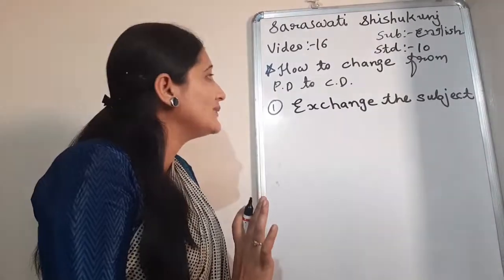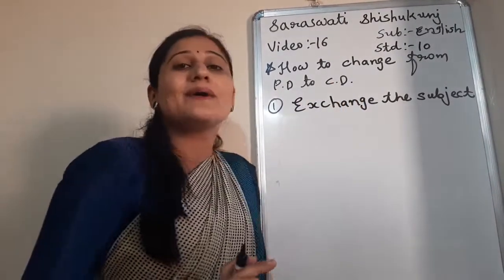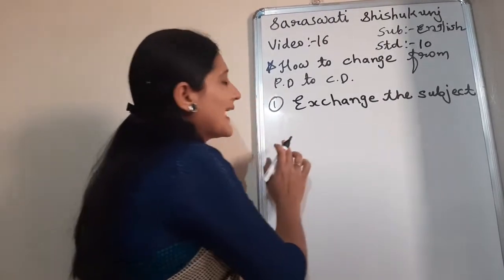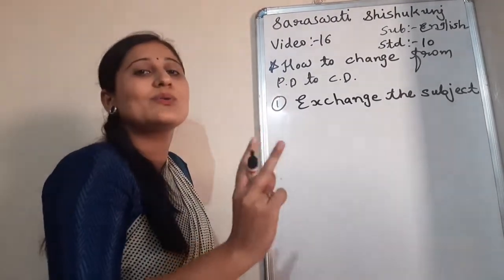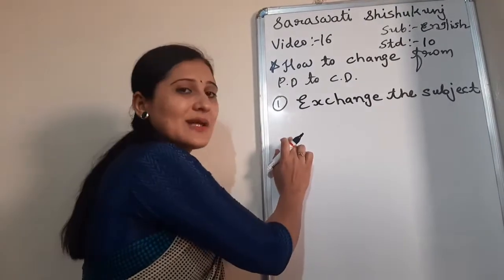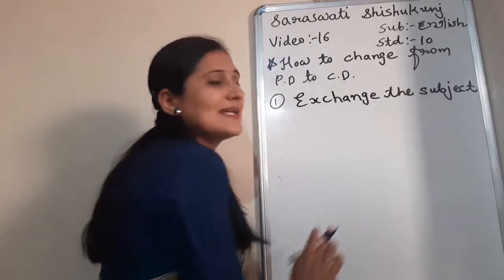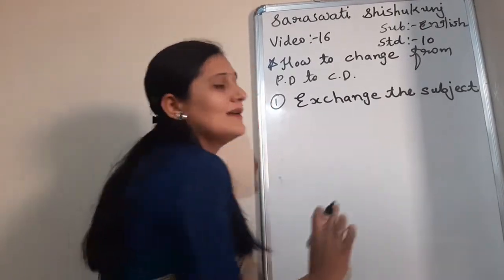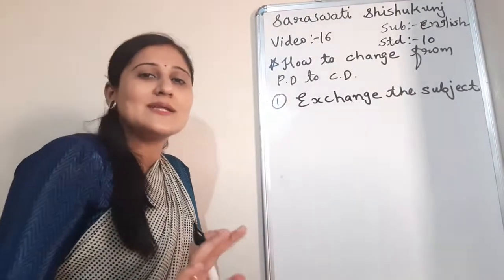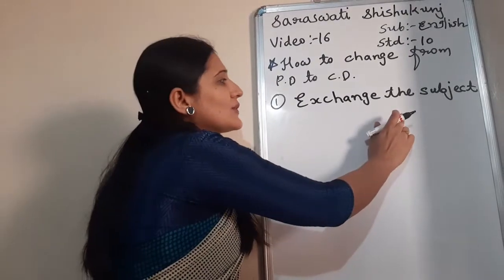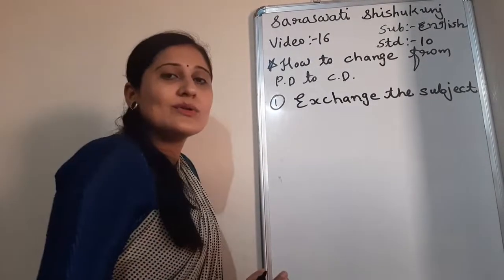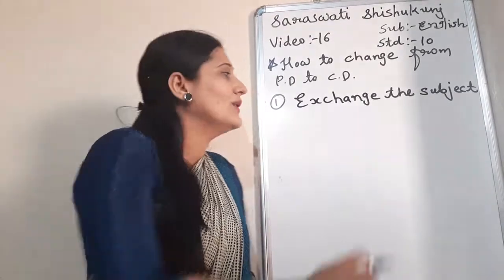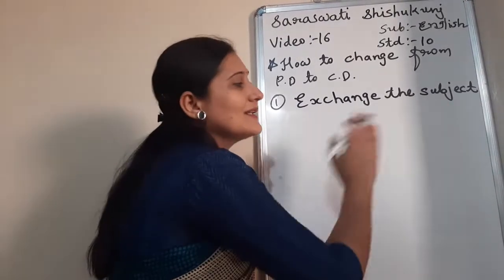PD means positive degree and CD means comparative degree. If one sentence is given, in that you will have two subjects. One subject in the beginning and second subject in the last. So you need to exchange the subject. This is the first rule. After all rules, I will explain with example, so you will come to know.